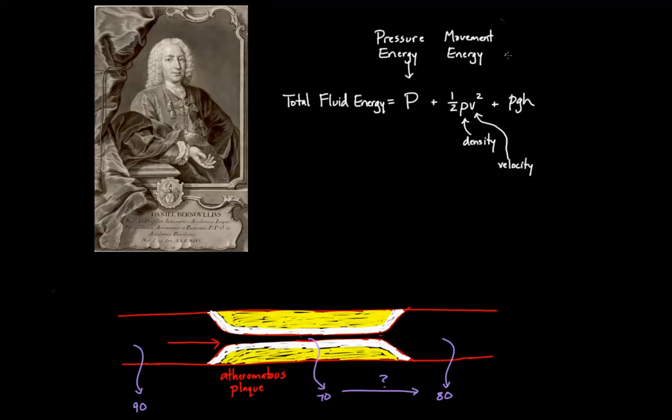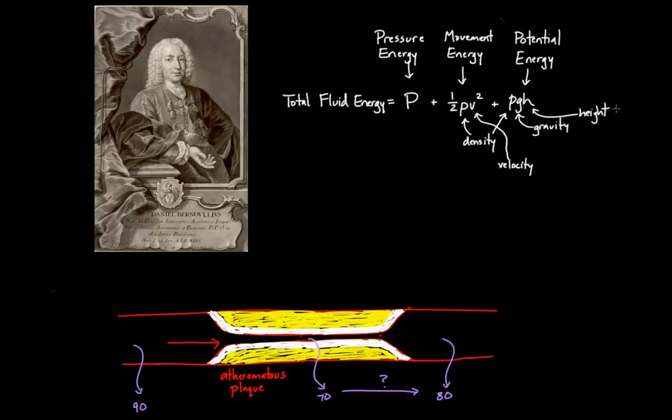And then he also talked about a third term, which is potential energy. And here he's talking about the potential energy as it pertains to gravity. So g is gravity, the little p again is density, and then we've got height, how high something is off the ground.